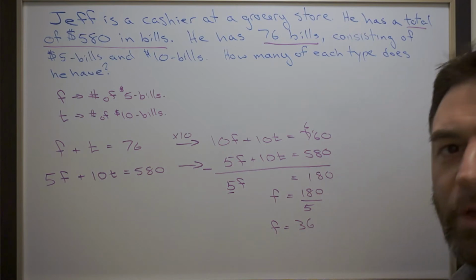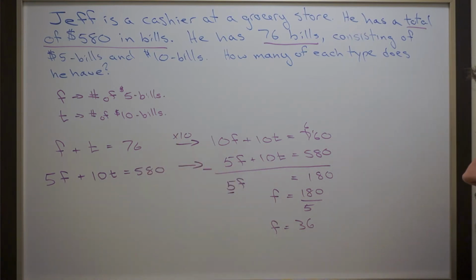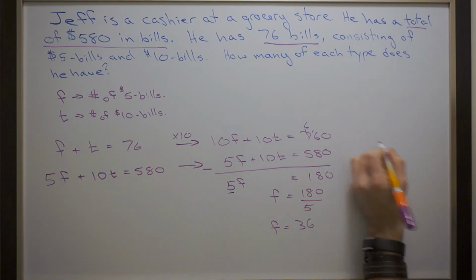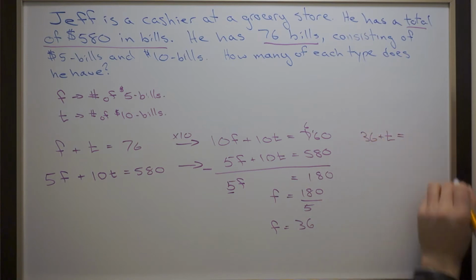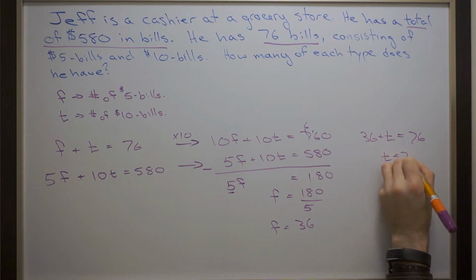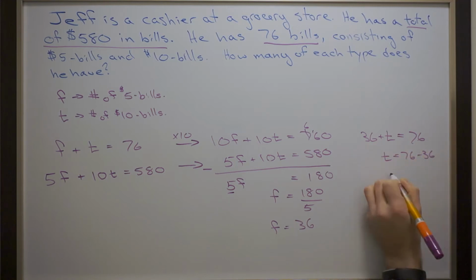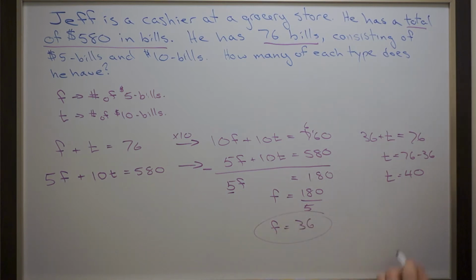36. So we have 36 $5 bills, and then for our $10 bills, we substitute that into this first equation. So 36 plus t equals 76. T equals 76 minus 36. T equals 40. So I have 36 $5 bills and 40 $10 bills.